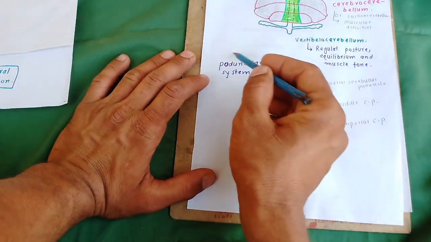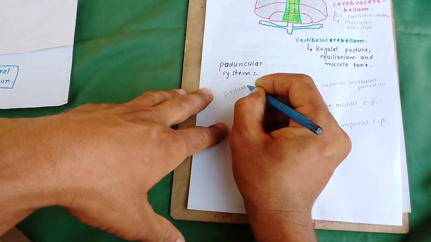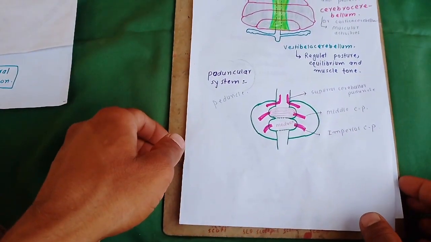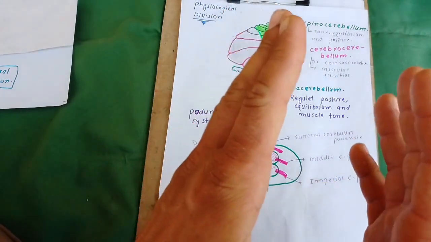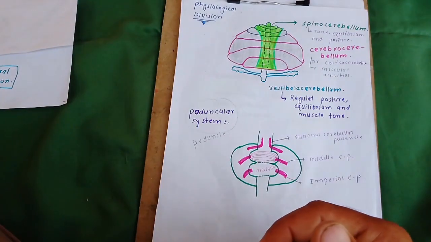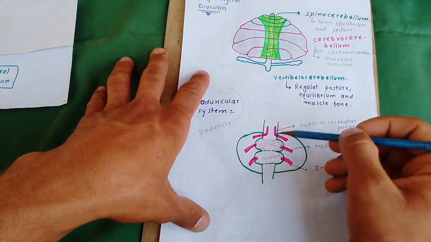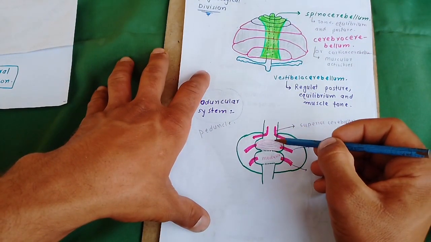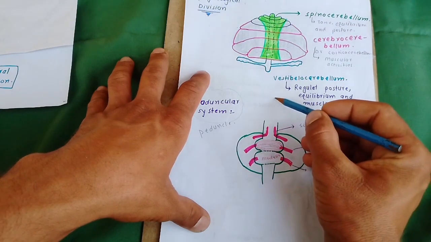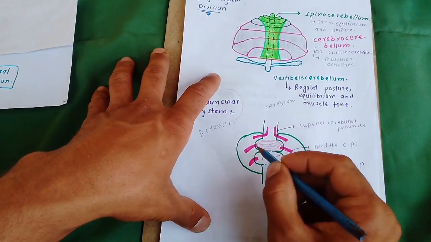This is the peduncular system. What is a peduncle? A peduncle is a huge mass of white matter of nerve fibers which carry messages between the brainstem, that is the medulla, pons, and midbrain, and the cerebrum and the cerebellum.